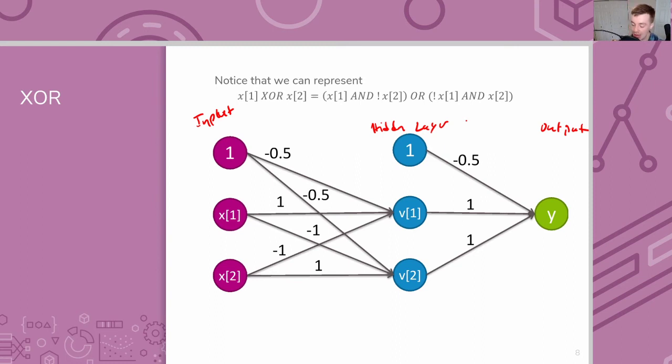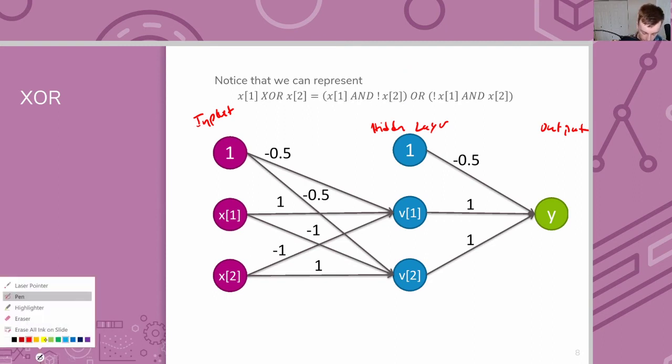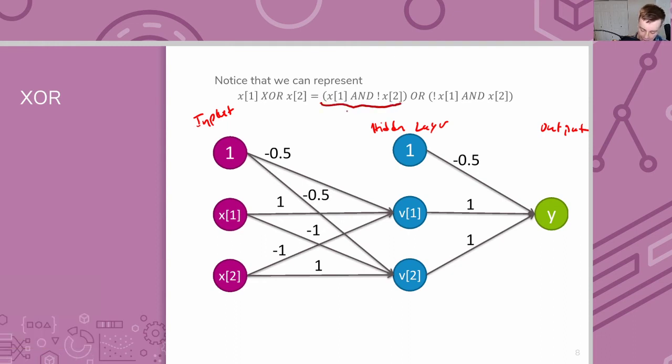So what we're going to do is we're just going to put each of these clauses, actually I'm going to use a slightly different color here. Since this clause on its own, x1 and not x2, is something we can learn with one individual neuron, we'll try to make a neuron that learns that one thing. But we'll make another neuron, maybe call it V2, that learns this other part of the formula, not x1 and x2.